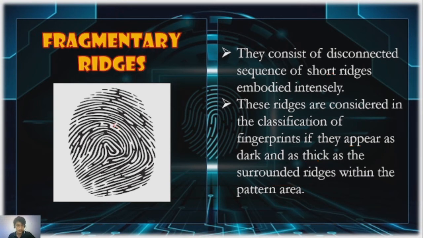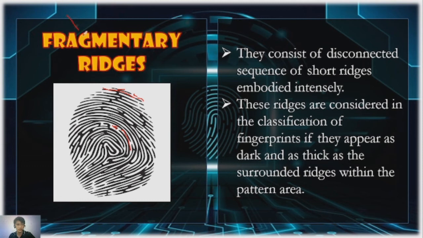We can say that it is an island, because it's actually just fragmented. As you can see in here, it has the same size, and then it was disconnected, and then it continues again in here, same as with these parts. It was disconnected again, but it has the same size and thickness and darkness.